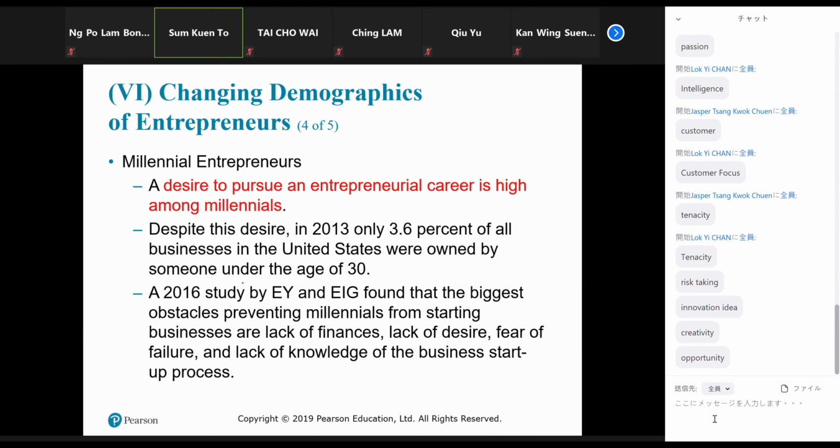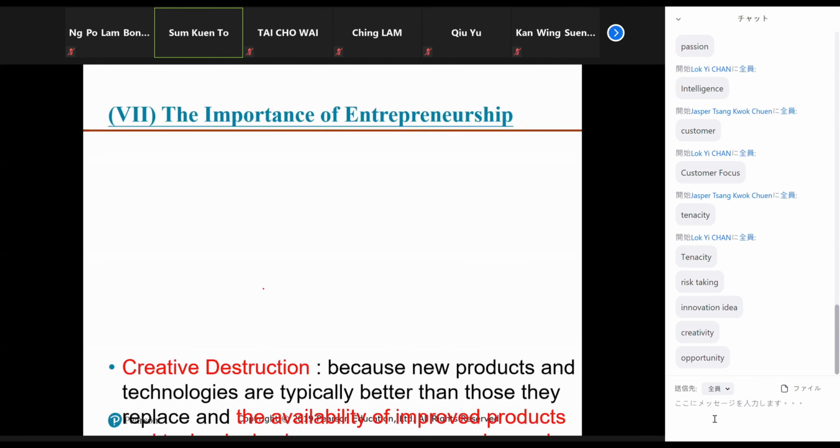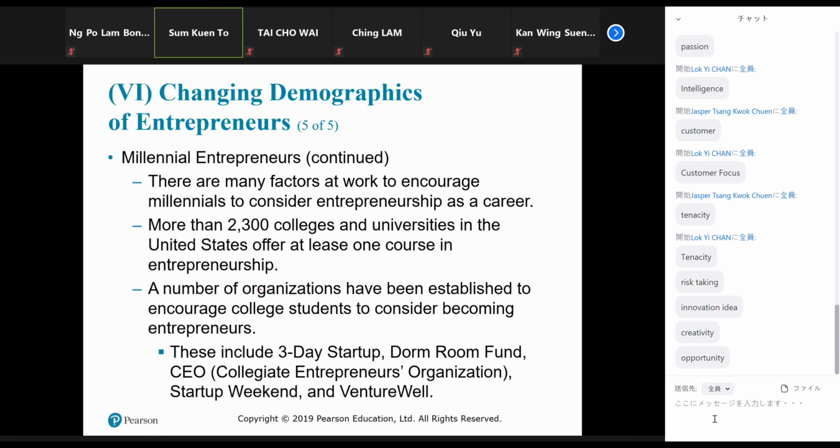The post-90s, post-2000s, they are also good potential, as millennials. I didn't really quote all these figures, so it's okay. Just let you know. And these are the different types. Okay, so we finish another topic.